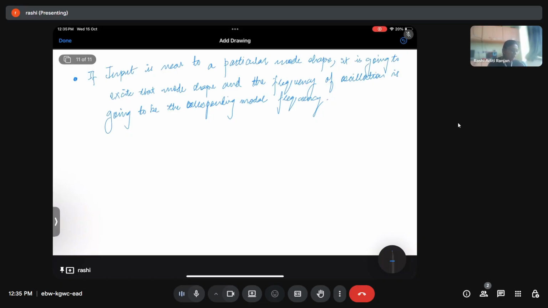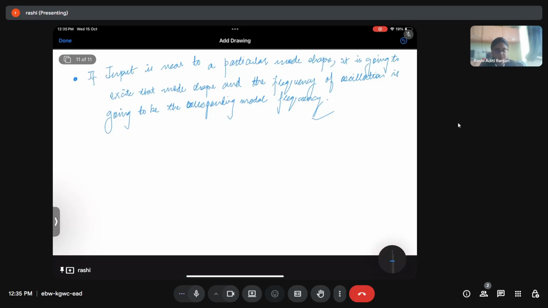For example, I have a system, and I'm giving a particular kind of an input that is near to a particular mode shape. So what is going to happen? It is going to excite only a particular mode shape and a particular frequency of oscillation. But I did the analysis for the whole n degrees of freedom system. So what did I do? I wasted my time.